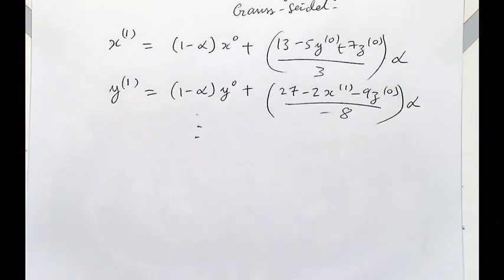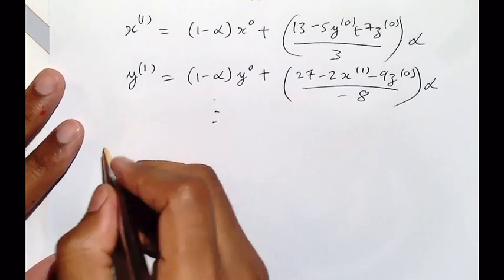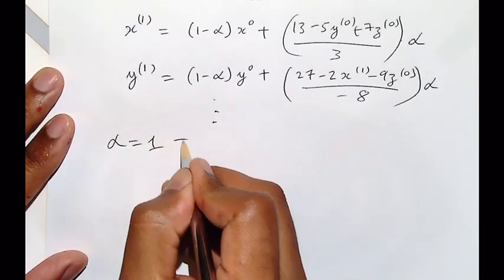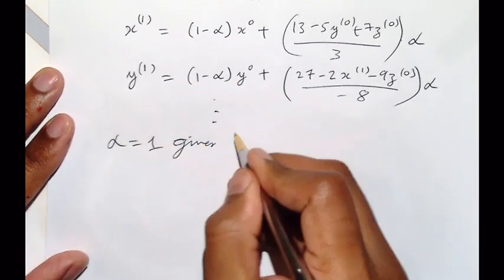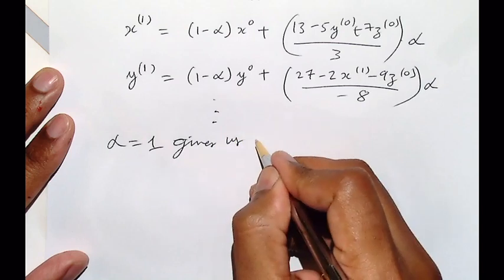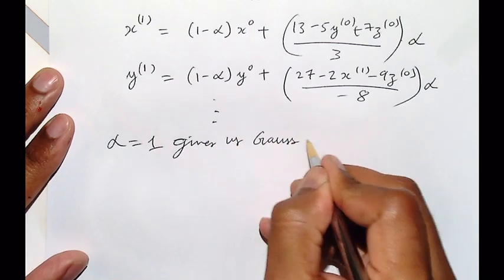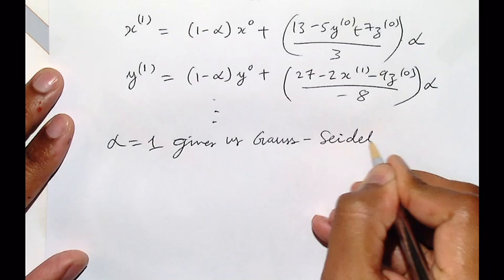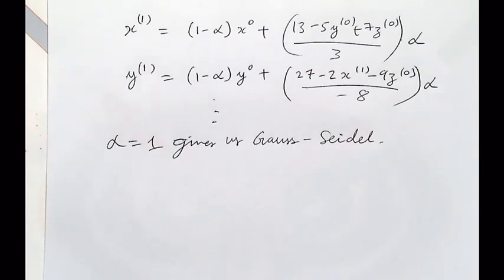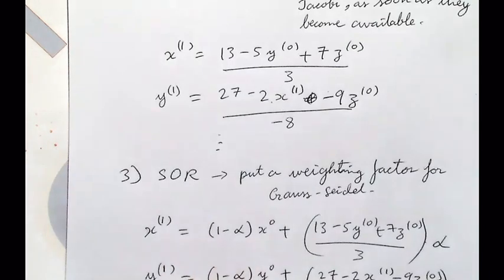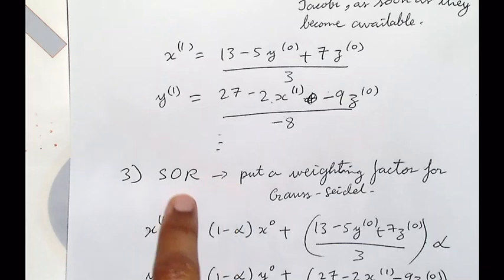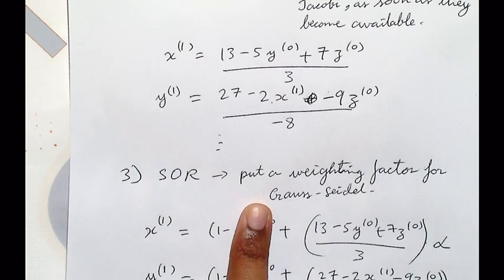That's it. That's successive over-relaxation. Alpha equal 1 gives us Gauss-Seidel. I think there's under-relaxation too, right? Yeah, successive over-relaxation, successive under-relaxation.